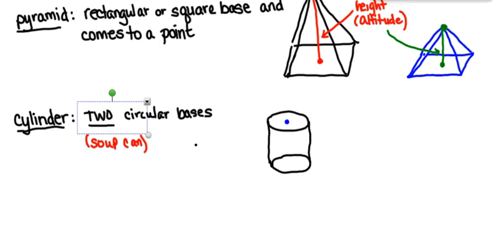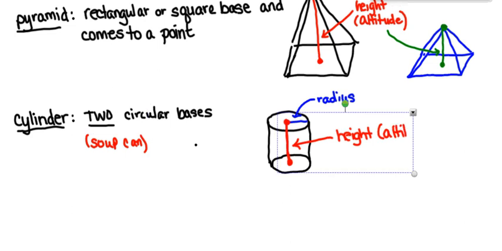These circles each have a radius, similar to that of the cone. And the height of my cylinder is going to be the distance between those two circular bases. And again, I'm going to think about the height as also being called the altitude. So if you remember soup can for a cylinder, you're going to be in good shape there.